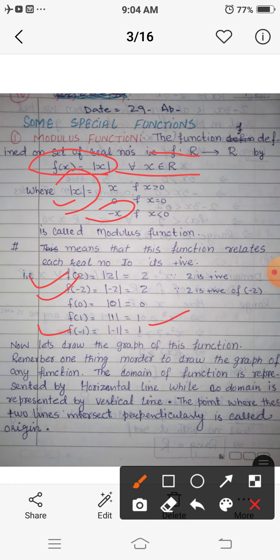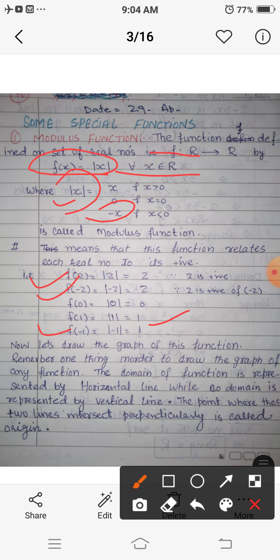Now how to draw the graph of this function, or what is its behavior? How does this function look? You know that in order to draw the graph of real functions, we need two axes: one is the horizontal axis and the second is the vertical axis.